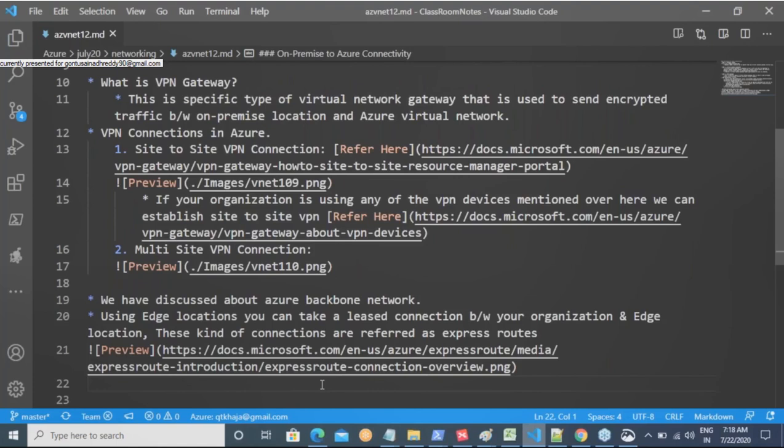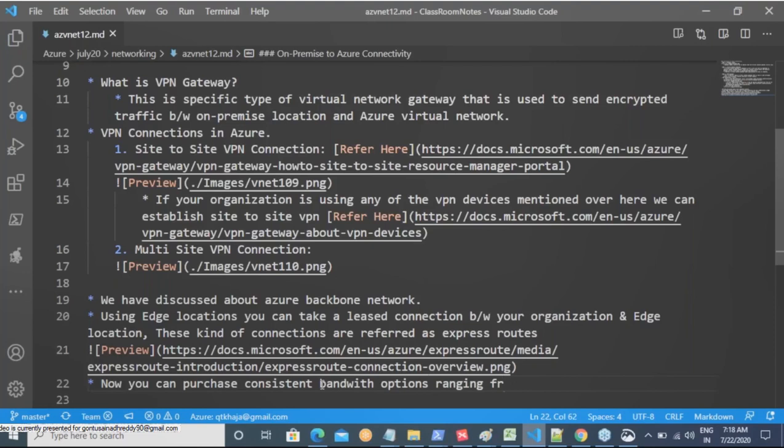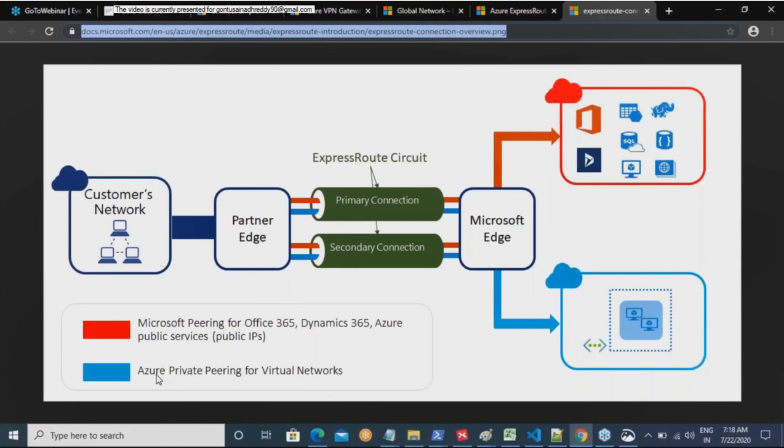You can purchase consistent bandwidth options ranging from 50 Mbps to 10 Gbps. So from your office to Azure, you can take a connection with this, and you have to take the external connections. Am I clear on this?